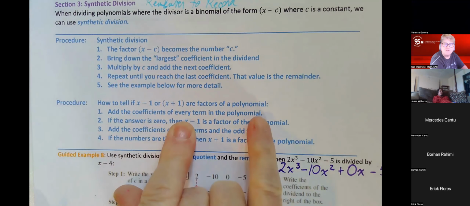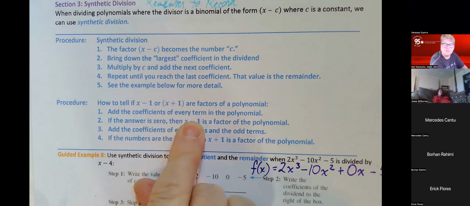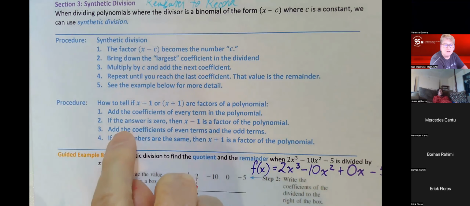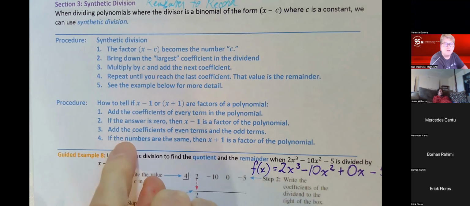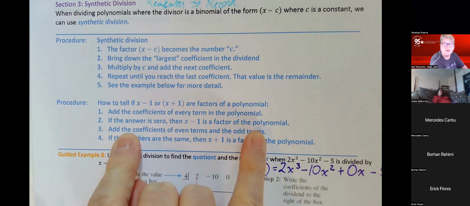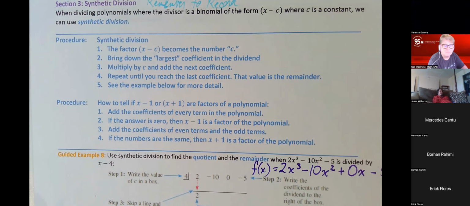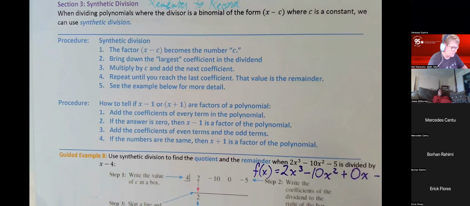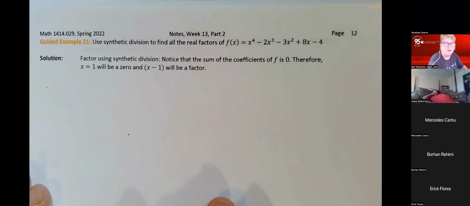Add up all the coefficients of the terms. If you get 0, then x minus 1 is a factor. If you add all the coefficients of the even terms and all the coefficients of the odd terms, and you get the same number, then x plus 1 is a factor. We're going to use that a lot. We're going to use it in particular right here.